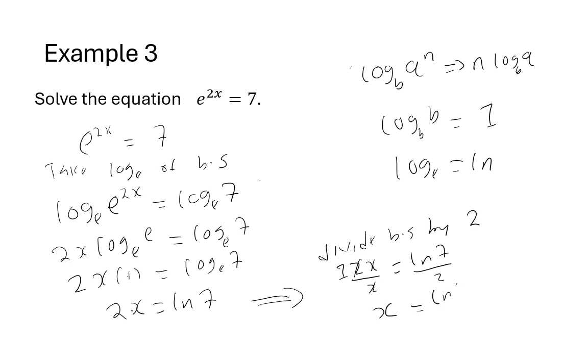And ln 7, if you use a calculator to compute it, is 1.9459. Divided by 2, you will get approximately 0.972, something like this.